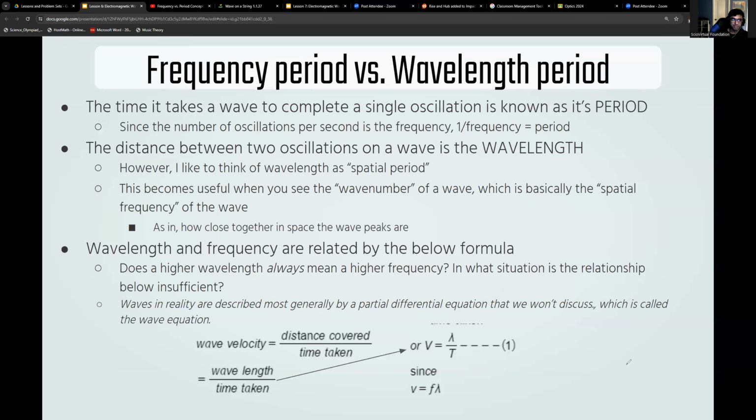We can't just make this blanket statement that this is true because our wave might be some composite wave with a bunch of different components.